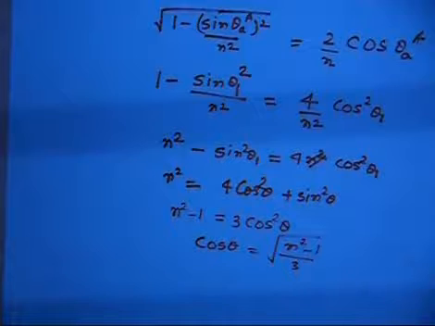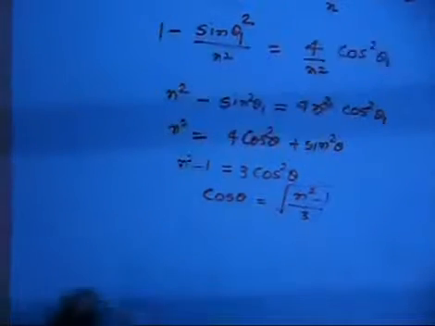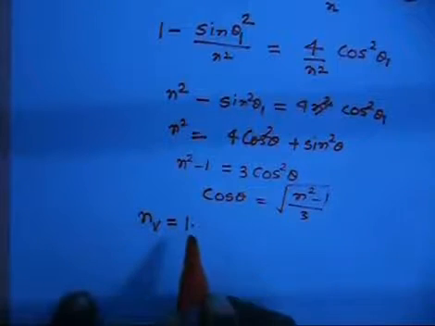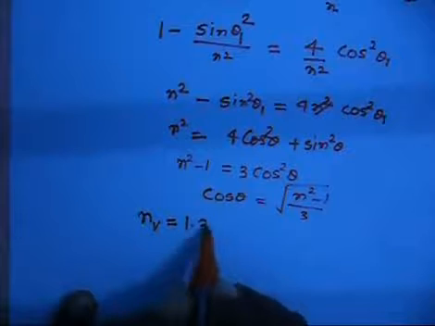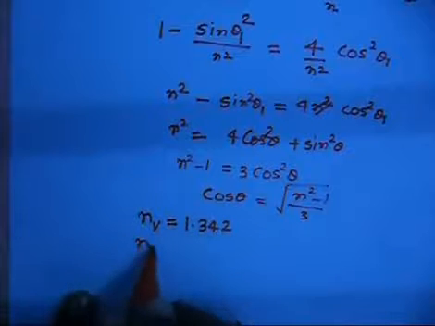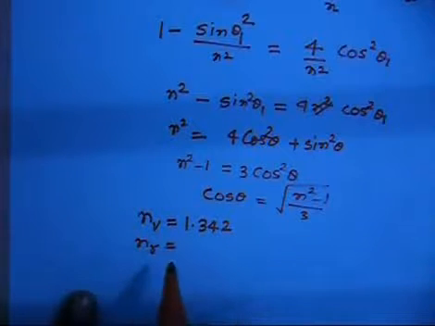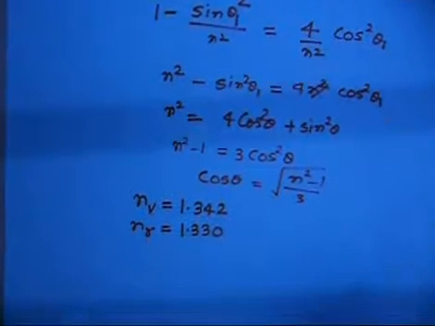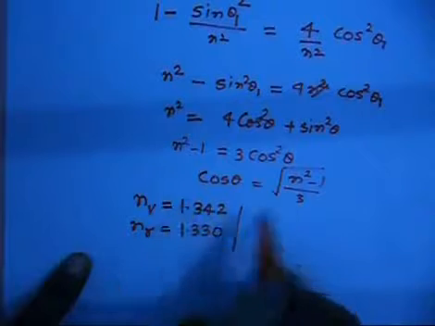Now the index of refraction of violet light of water is this. So the refractive index for violet light is 1.342. The refractive index for red light is 1.330. You have to find what will be the θ for these lights.